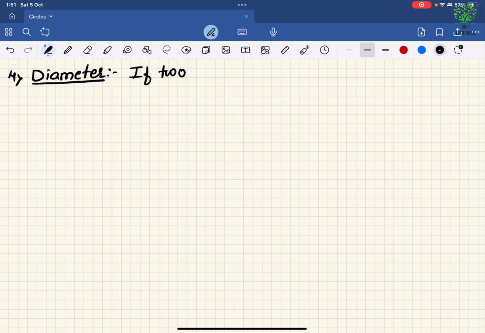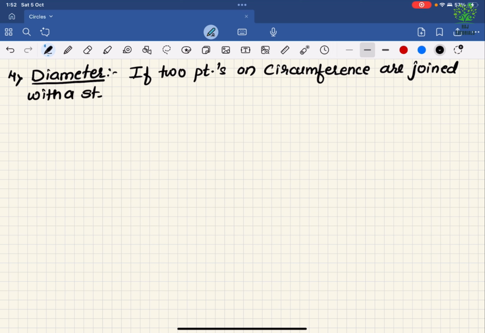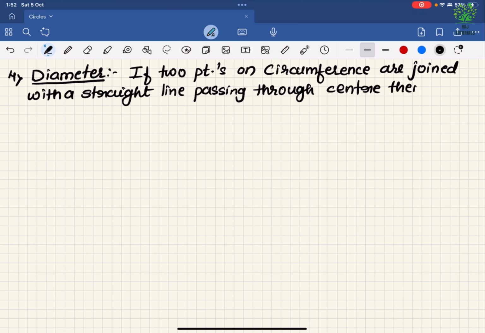If 2 points on circumference are joined with a straight line passing through center, then it is called diameter.